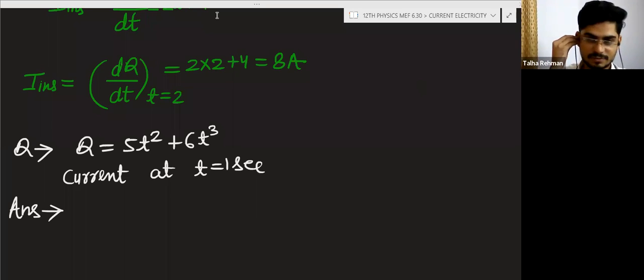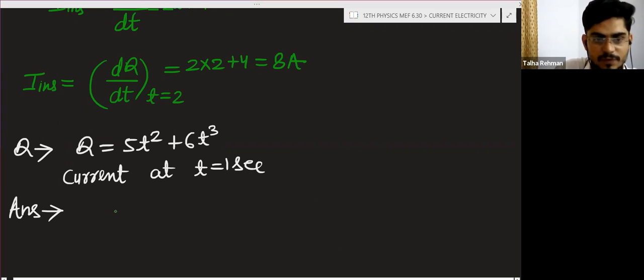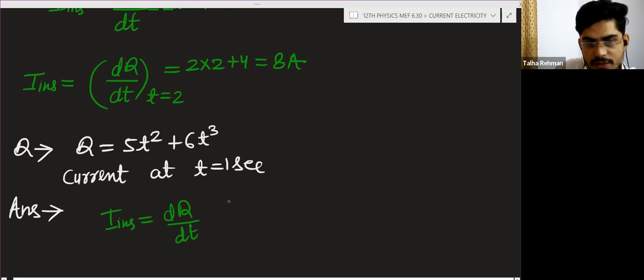Completed. Now please check your answer. I am solving. We have to find current at t equal to 1 second. Means we have to find the instantaneous current. And we have formula dq by dt. And we have q is equal to this.